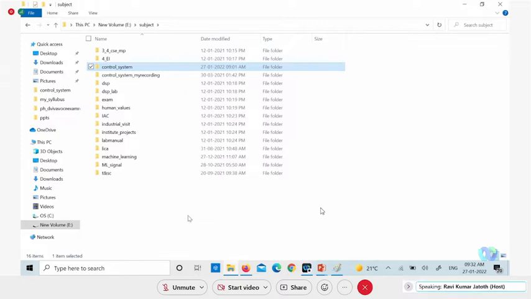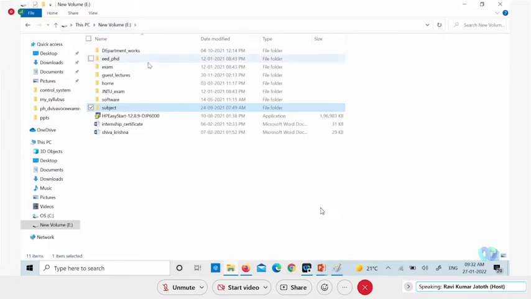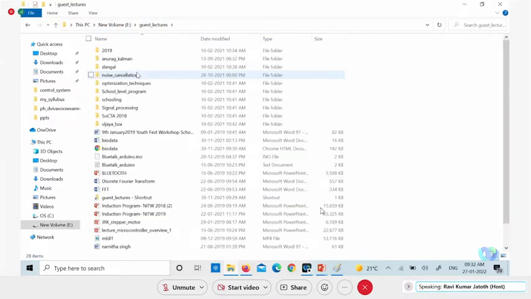Okay, so then all examples of applications of motors. So there are so many applications.